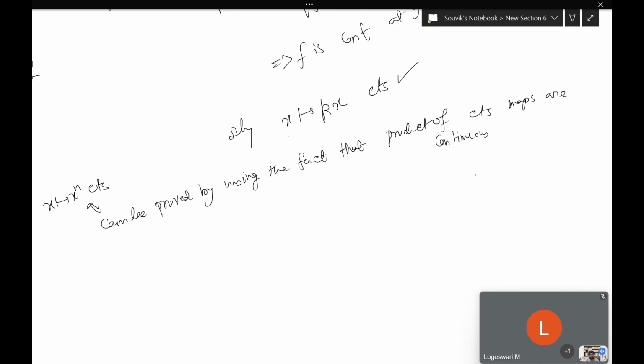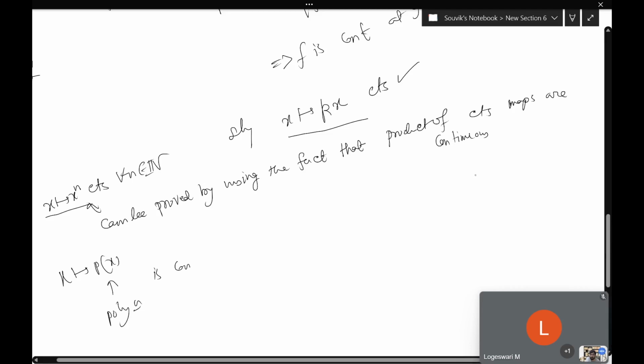And since we have proved that this is continuous, and since x goes to x to the n is continuous for all n belonging to the naturals, together this tells us that any polynomial function is continuous.